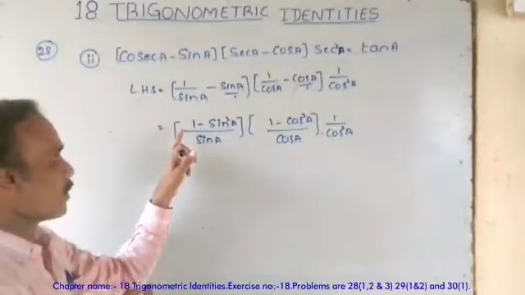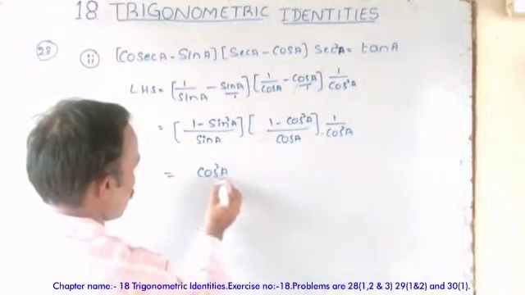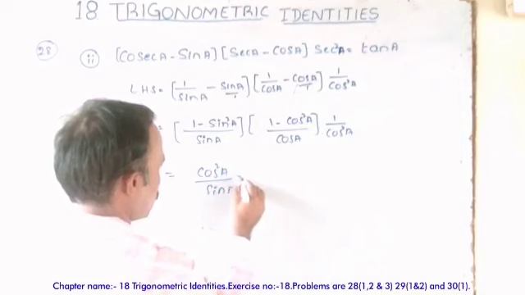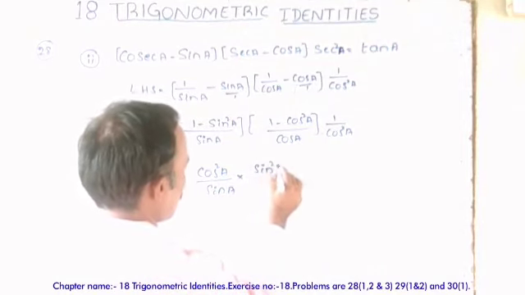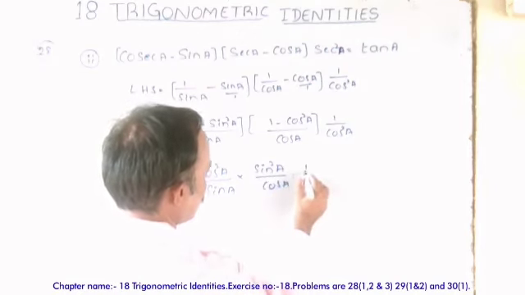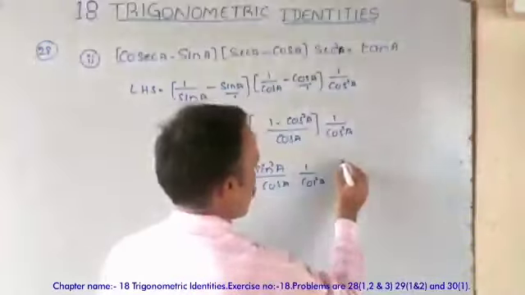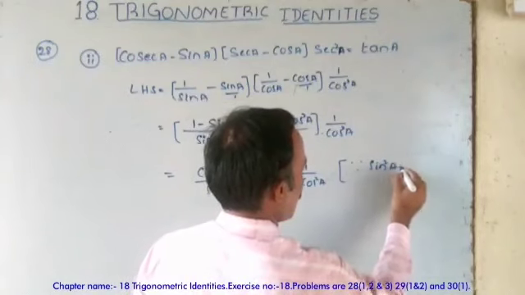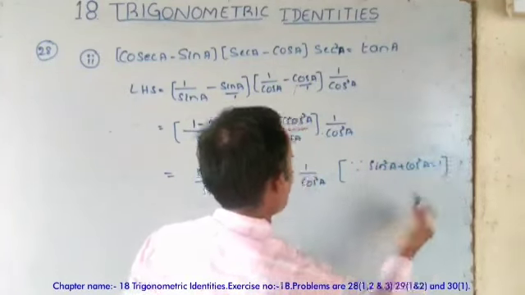Again you have the identity. 1 minus sin square A can be written as cos square A divided by sin A, into 1 minus cos square A can be written as sin square A divided by cos A, into 1 by cos square A. Because sin square A plus cos square A is equal to 1.